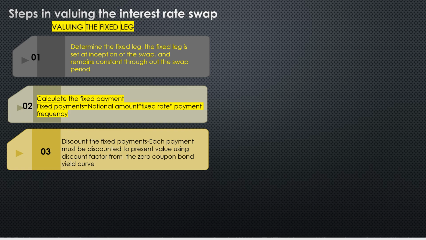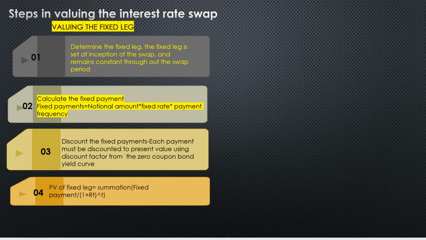Discount the fixed payments. Each payment must be discounted to present value using discount factor from the zero coupon bond yield curve. The present value of fixed leg equals summation of fixed payments divided by (1 + R_T) to the power T, where R_T is taken from the yield curve.